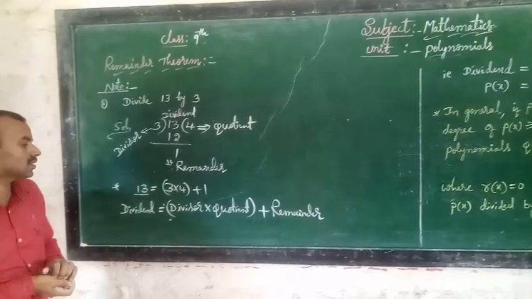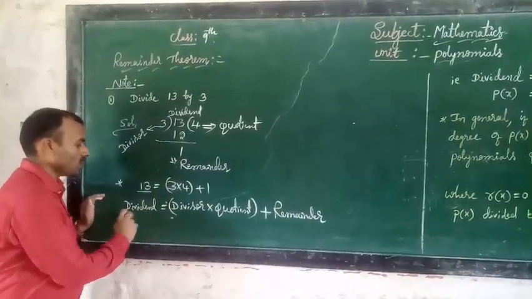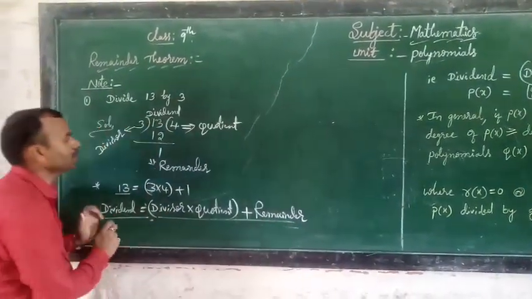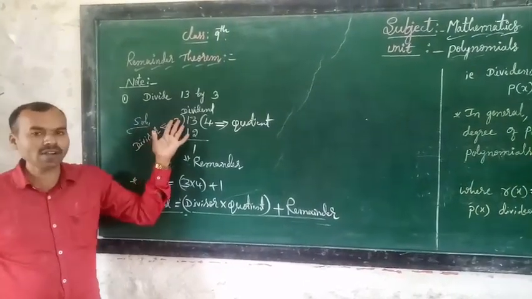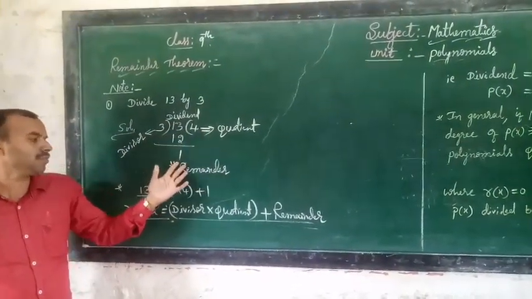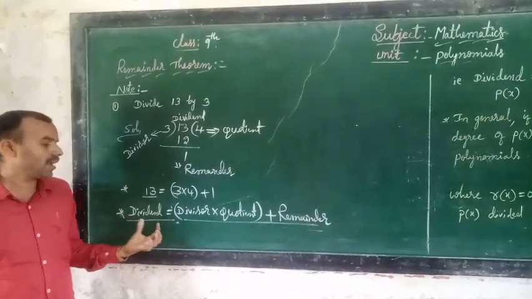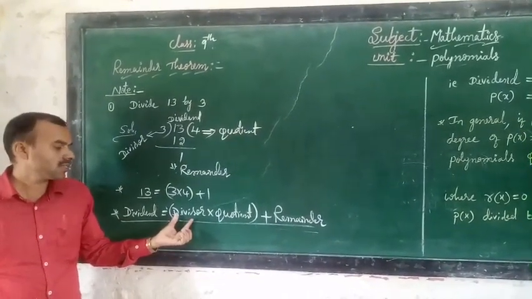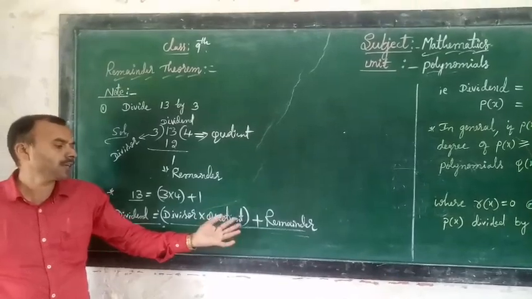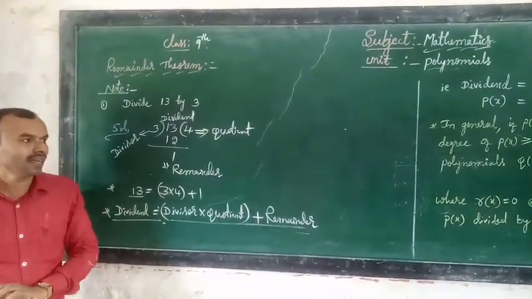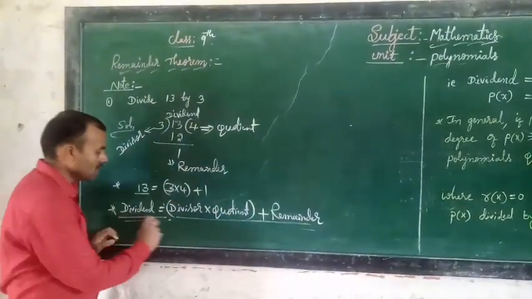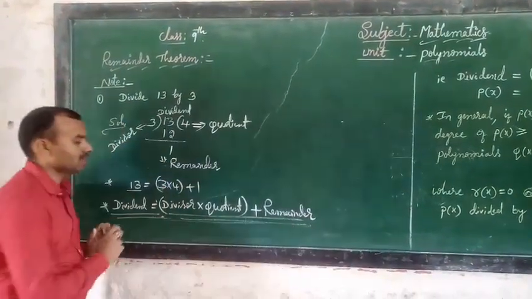On this basis we know the relationship between divisor, dividend, quotient and remainder. This is the important relationship: dividend equals divisor into quotient plus remainder. This is the basic relation.